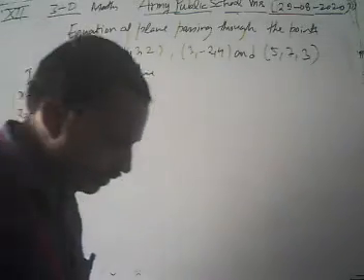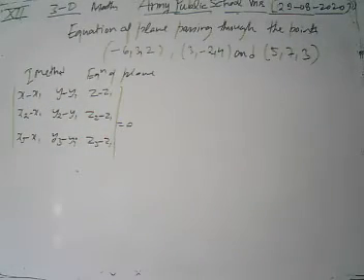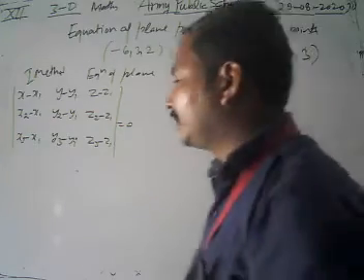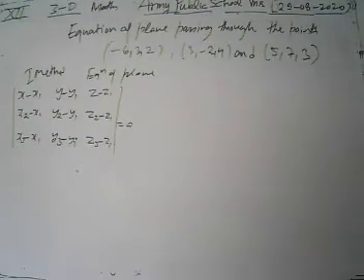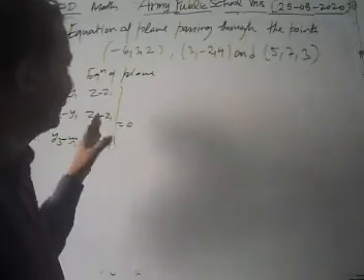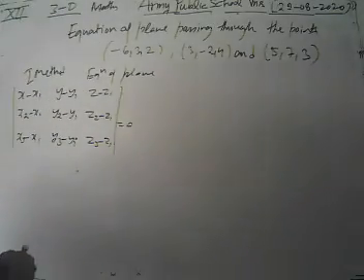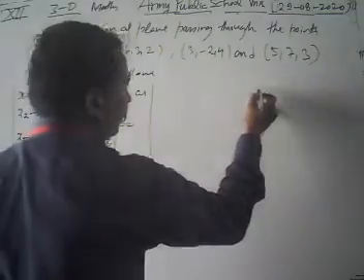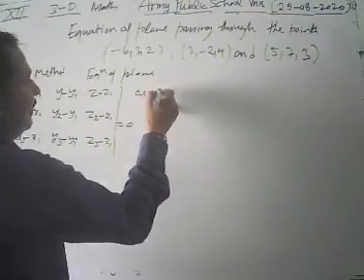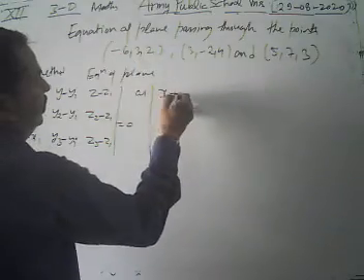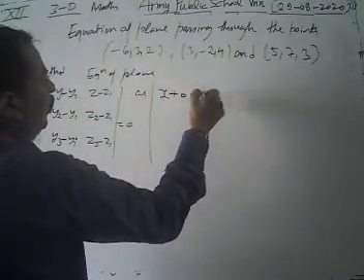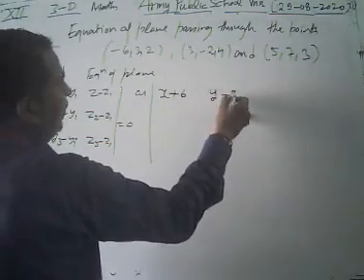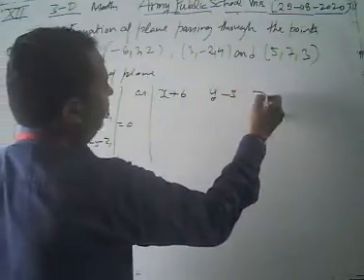This is our equation of the plane passing through three non-collinear points. Now we have the points, so we are going to put the points here. Now look, x minus x1, y minus y1 is minus 3, z minus z1 is minus 2.